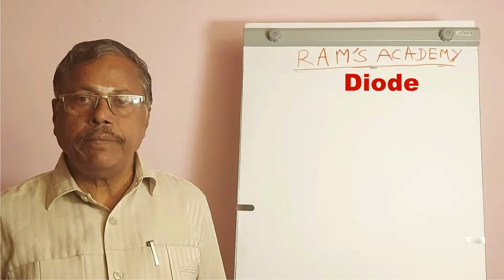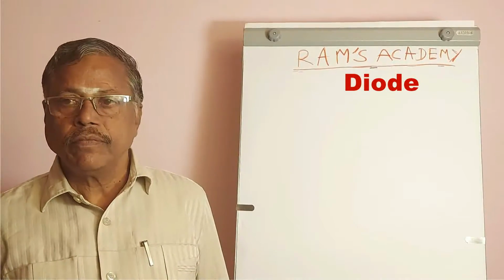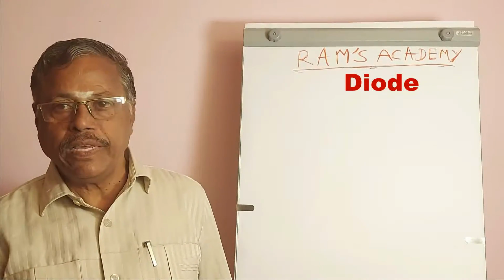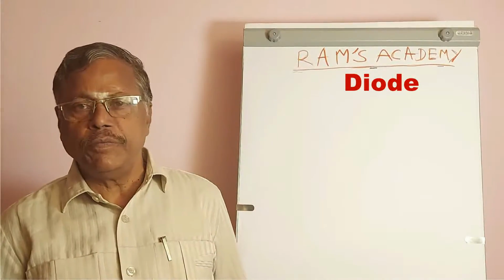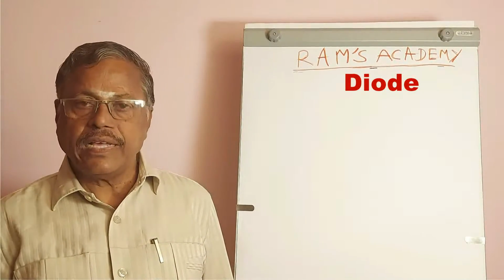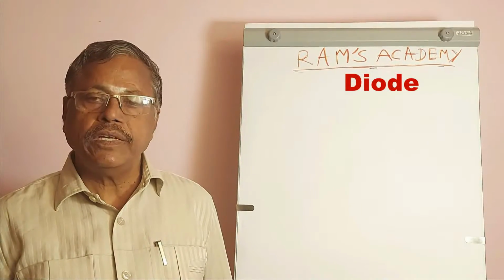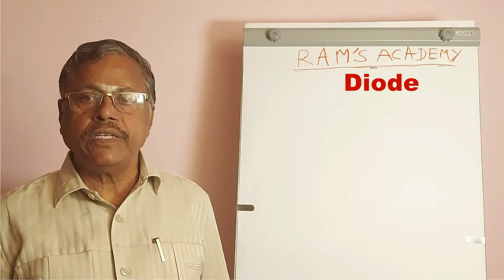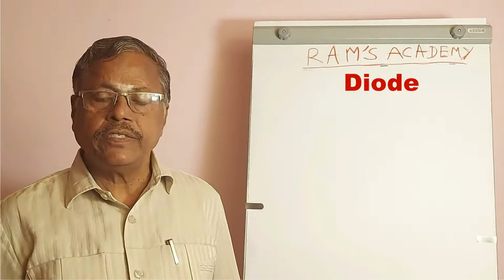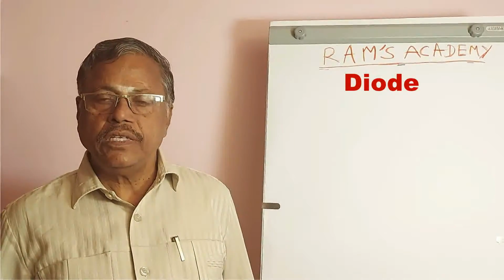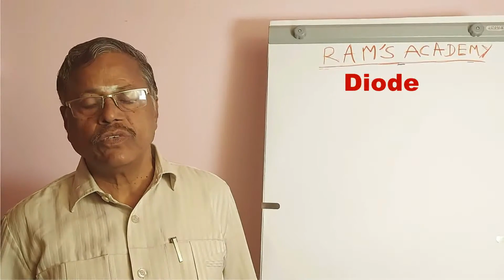The diodes were made of vacuum tubes. I think the present students may not have any idea about vacuum tubes. A vacuum tube is nothing but electrodes within a glass tube that is an evacuated tube. When they were manufacturing vacuum tubes, they were keeping 2 electrodes, 3 electrodes, 4 electrodes, 5 electrodes, like that.